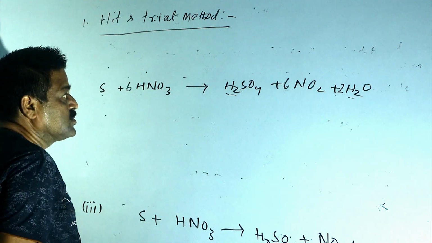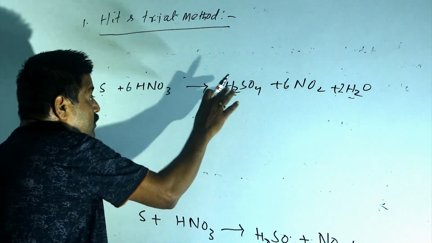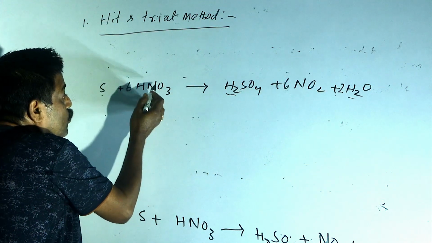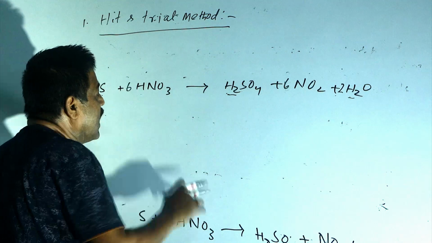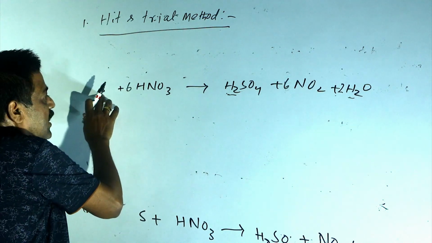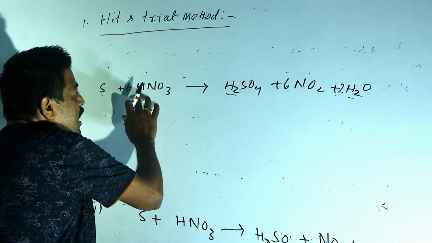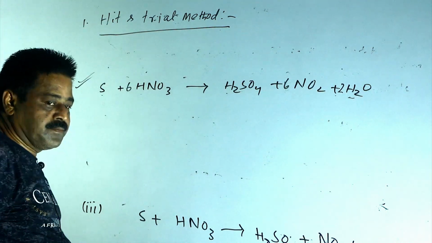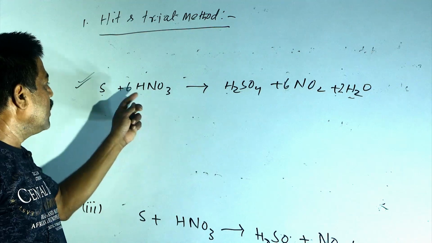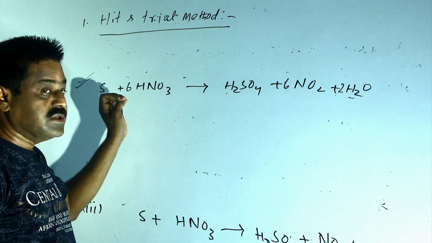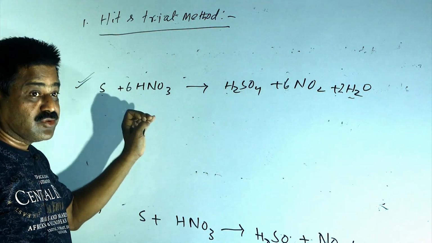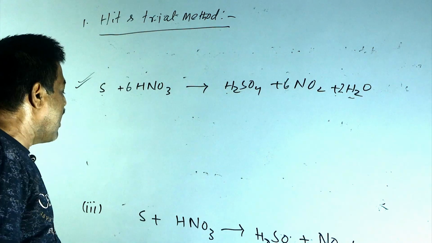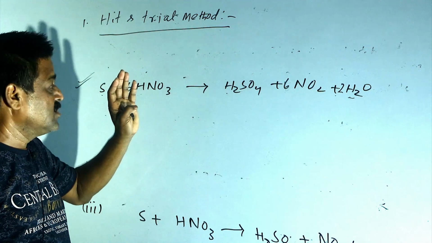Oxygen atoms become balanced. As the oxygen atom appears more than once on the product side, oxygen is the criterion to decide how to balance. Then here one S atom, 6H, here we got 6H. Now it is said to be balanced. So when an even number is indicated, we have to join it with an even number, then it becomes balanced.